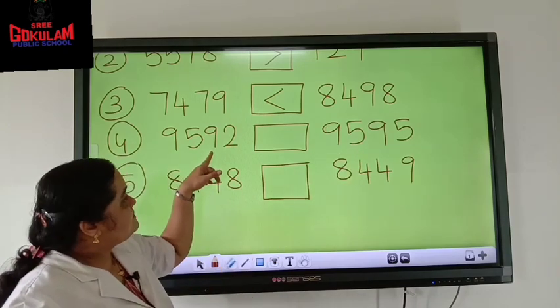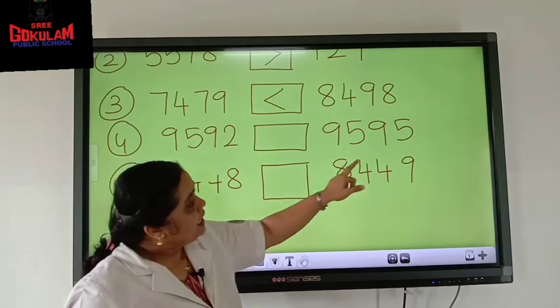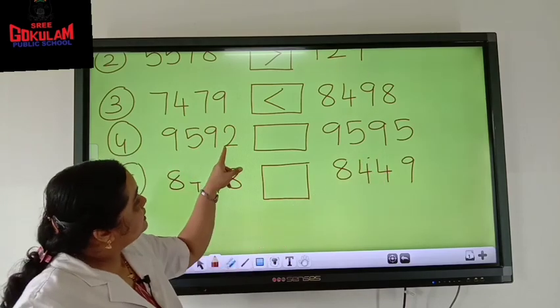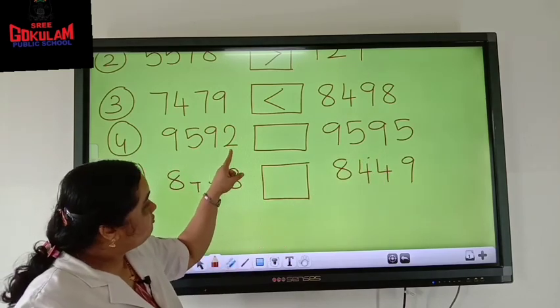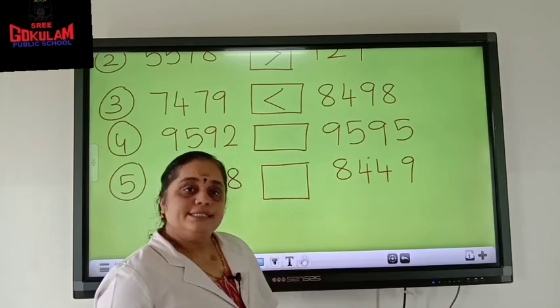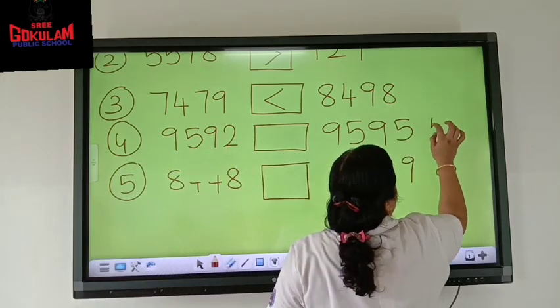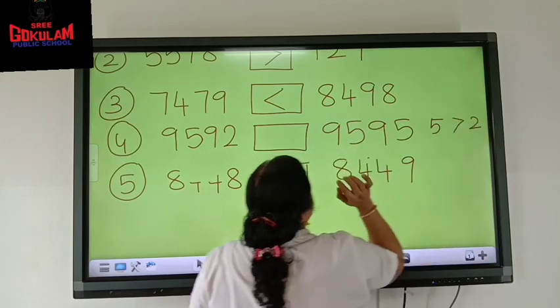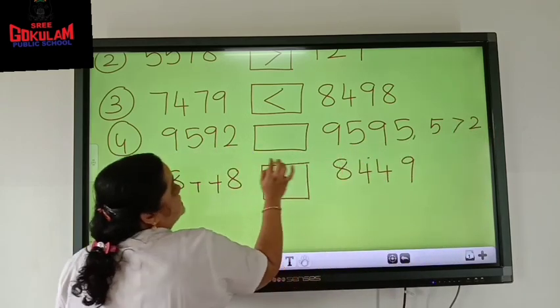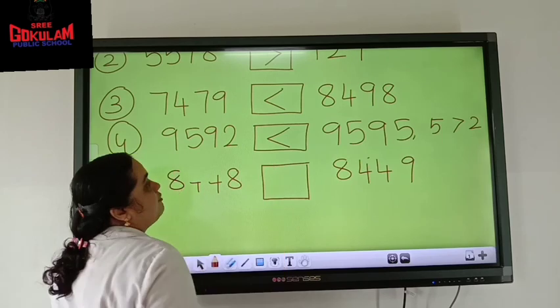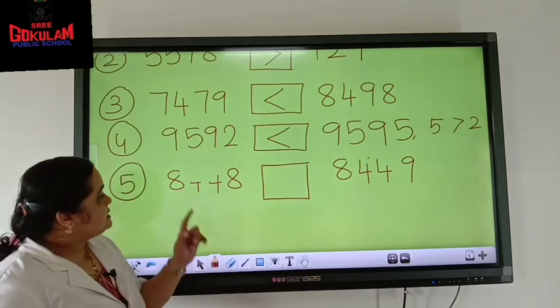In tens place you have 9 here, here also you have 9. So let us check the ones place. Here you have 2 and here you have 5. So 5 is greater than 2. So your answer will be 9595.